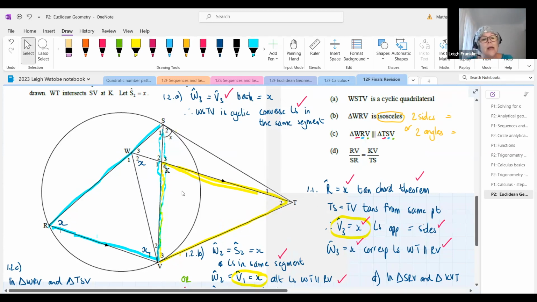So let's see if we can prove that some angles are equal to each other. So can you see an angle in triangle SRV that's equal to an angle in triangle KVT? I can see one.